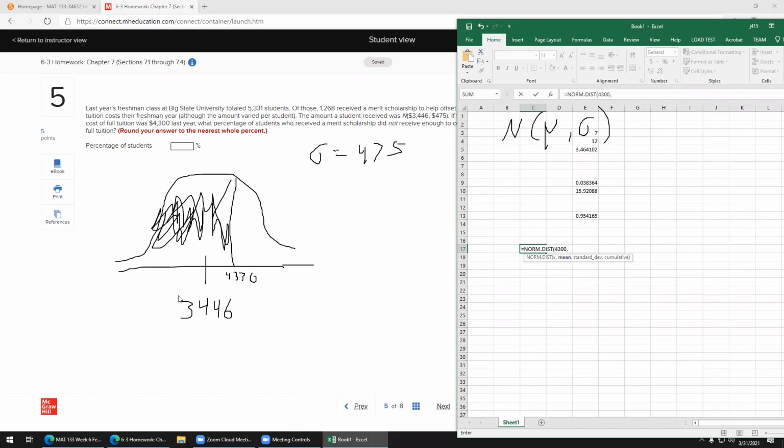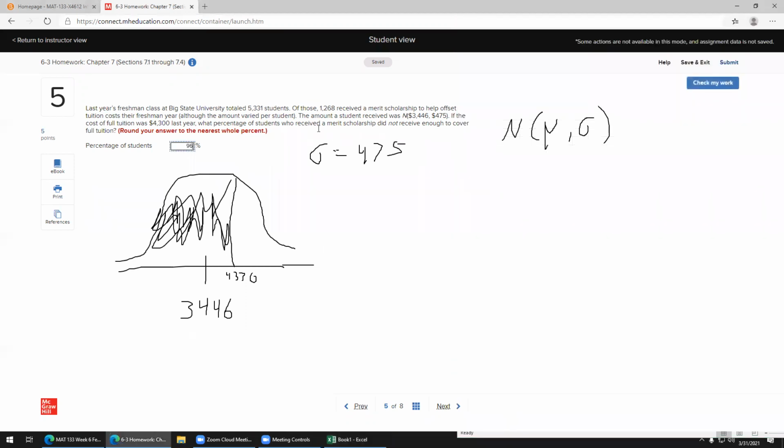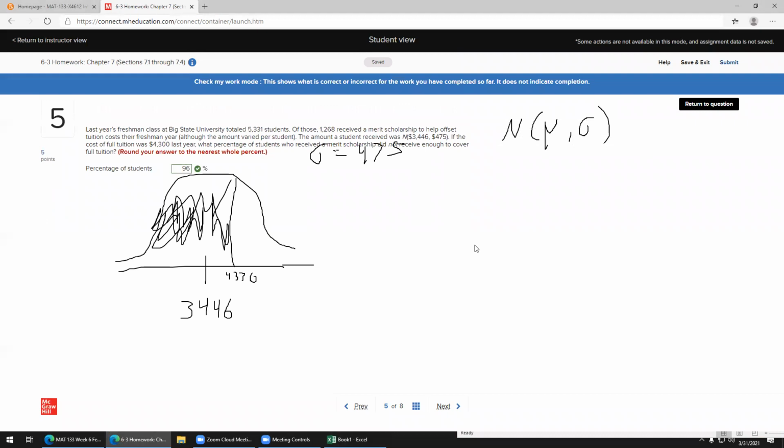Then I want my mean, which is 3,446. Then my standard deviation, which is 475. And then I always put in a 1 or a TRUE. And I get 0.9639. It wants me to round to the nearest whole percent, so that becomes 96%. So 96% of students did not have enough to meet the needs at the school because the cost was much higher than the grant.